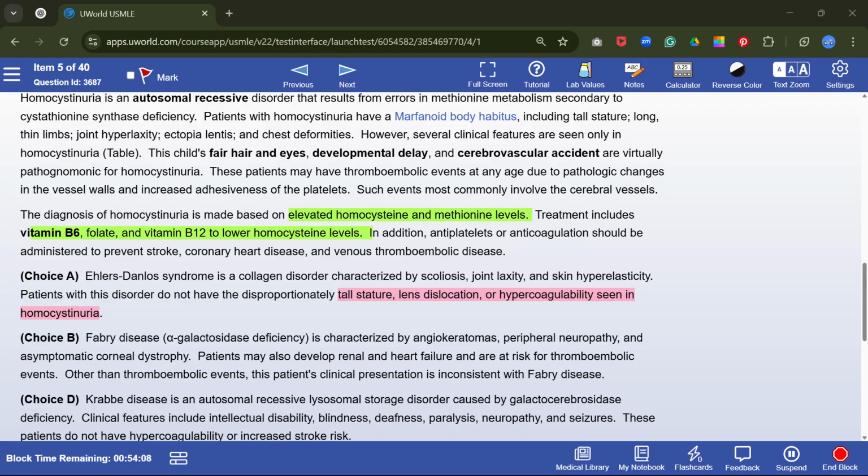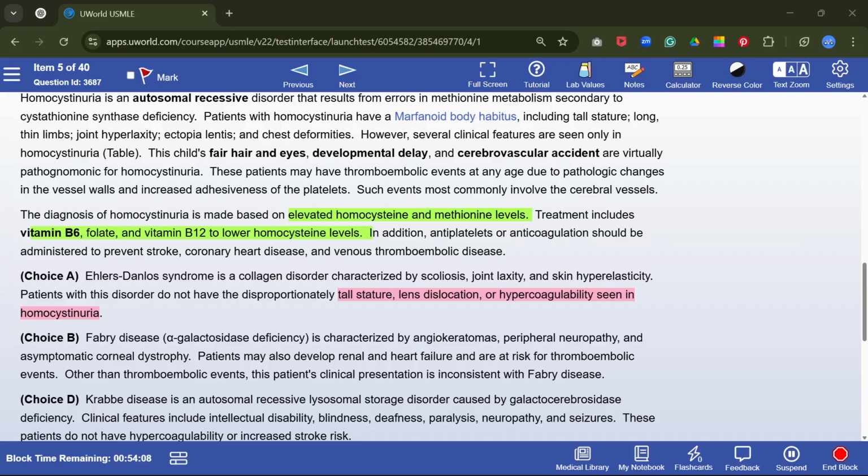Lens is dislocated outward and upward, like superiorly. Marfan is an FBN1 mutation, it is autosomal dominant, and Ehlers-Danlos is a COL5A1 or COL5A2 mutation, it is also autosomal dominant.